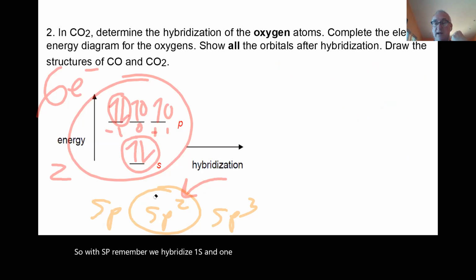With sp2, how many s and p orbitals are we going to hybridize? 3. Which 3 though? We have 3 p's and 1 s.